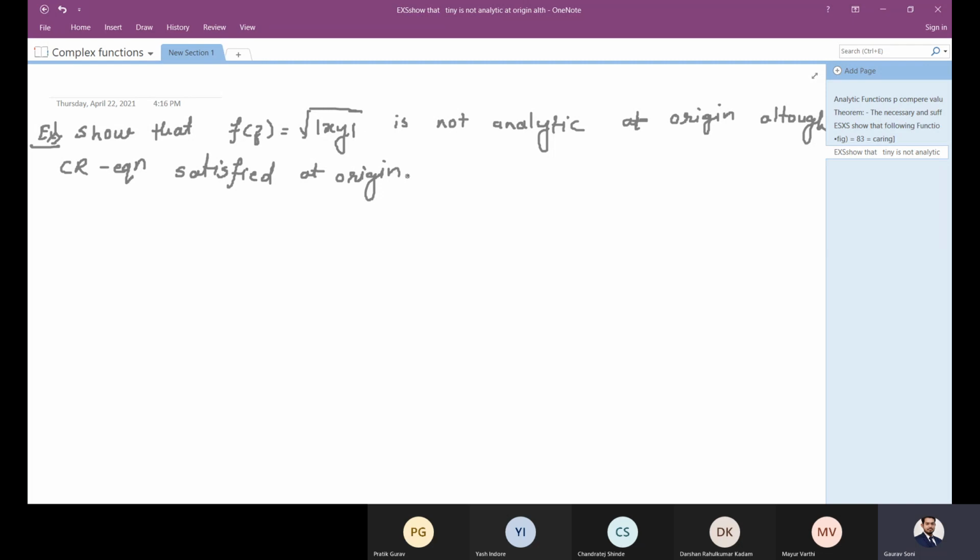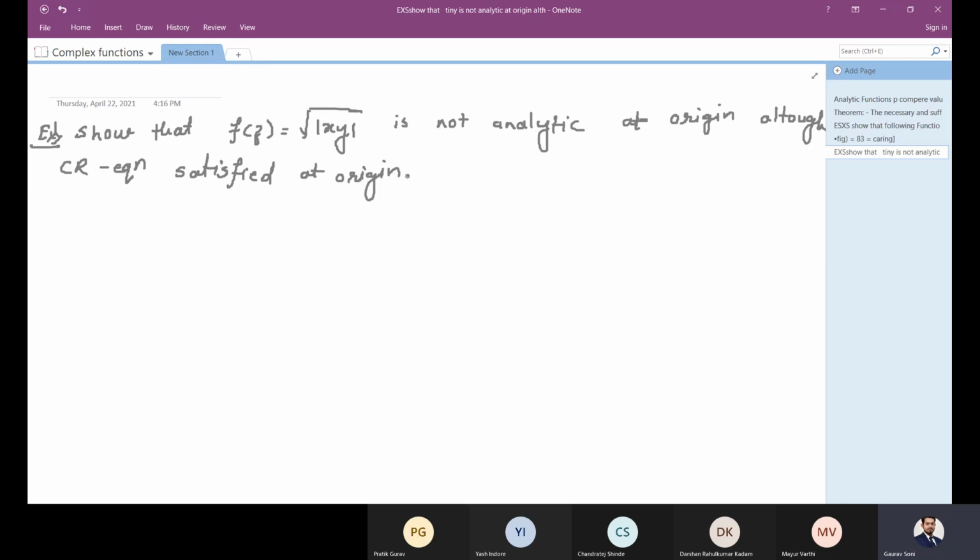So take the point at the origin, 0 comma 0. The CR equations must be satisfied there, but they also have to be satisfied in the neighborhood of 0 comma 0. If the CR equations are not satisfied in the neighborhood, then we cannot declare that the function is going to be analytic.